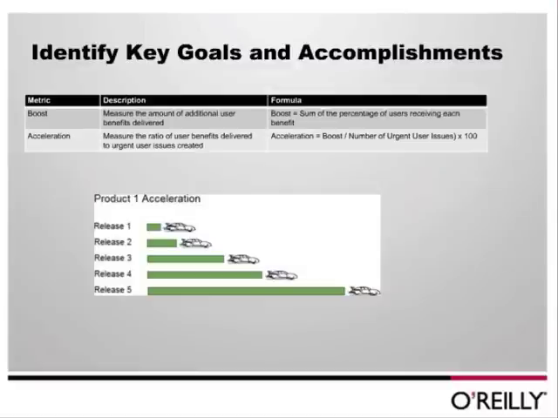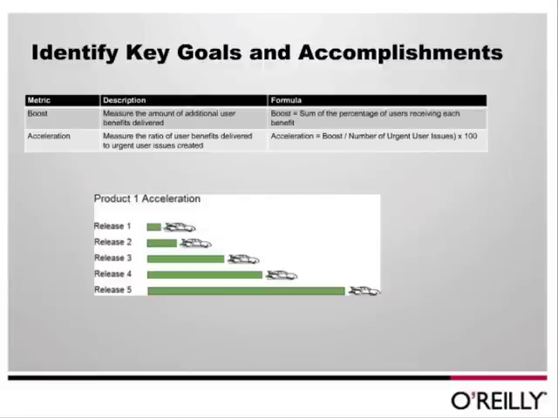So trying to count up the number of benefits we deliver to the existing users, and then looking over time at how those benefits add up versus the regressions that we have in our software releases. That metric here is referred to as acceleration, and you could have fun ways to chart the acceleration that you've provided over releases and see how the team is doing.